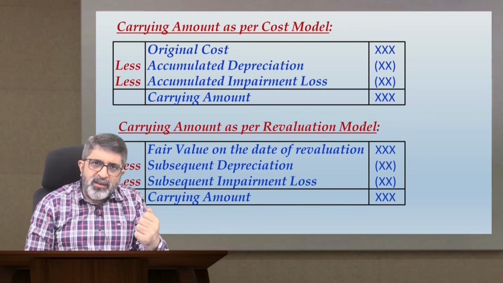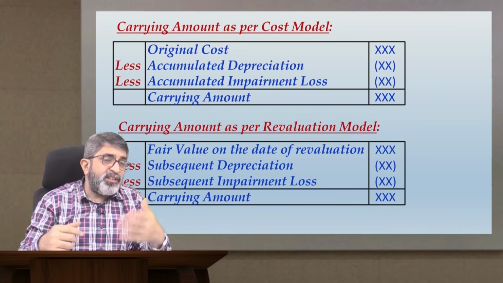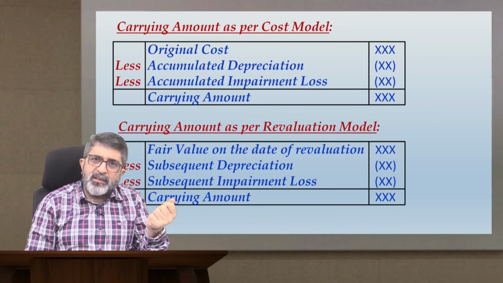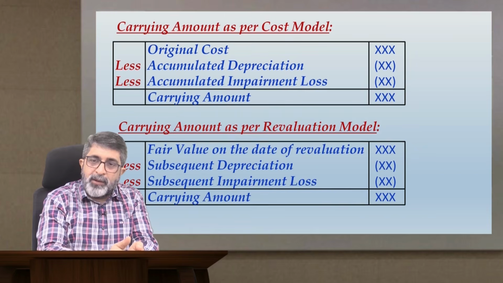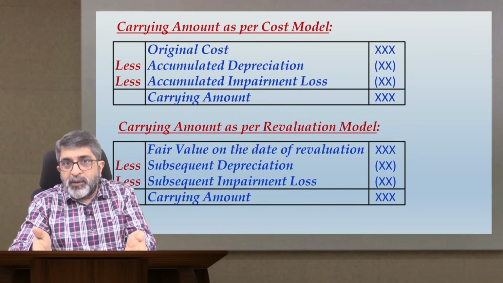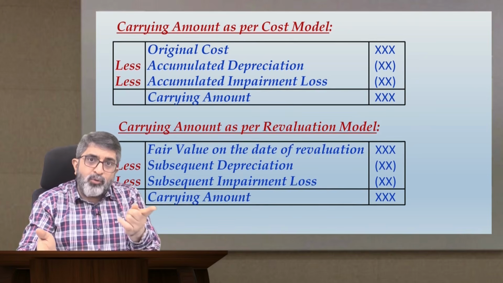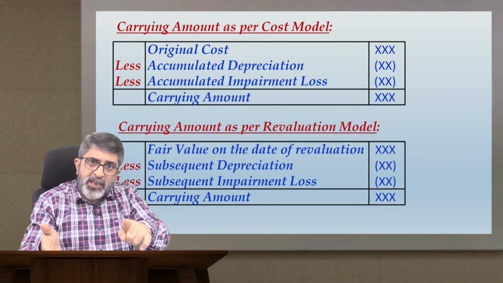So if you have chosen the policy of making revaluation once in every 3 years because the asset market is not highly volatile, so at the end of 2024 you made a fresh valuation. At the end of 2025 you are not going to make a fresh valuation. So the previous revalued amount was on 2024 year end.